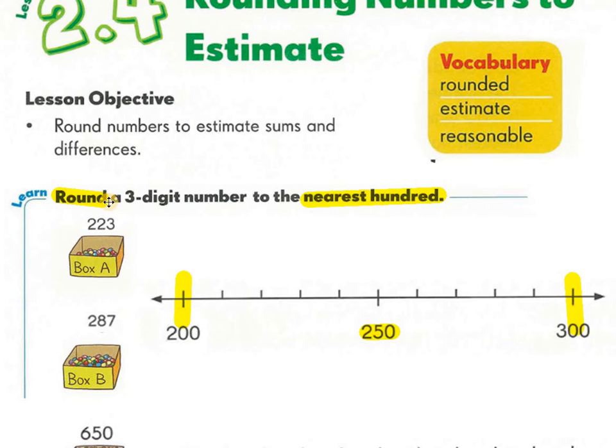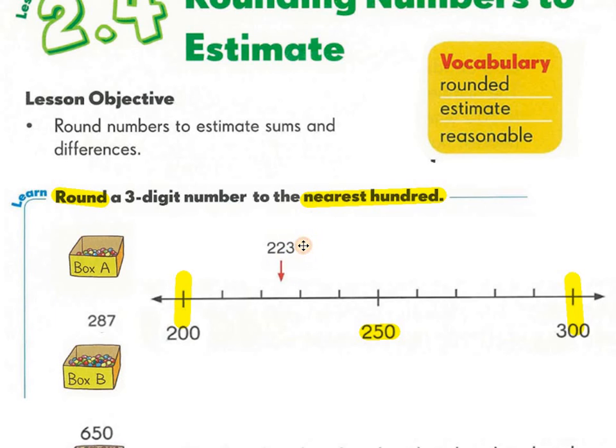So when I think about this number 223, I can put it on this number line. Let's see. If that's 250, then this is probably 240, 230, 220. Yep, I'm right. So I'm going to go forward 200, 210, 220. This is 230. That's too big. I need to come back a little bit.